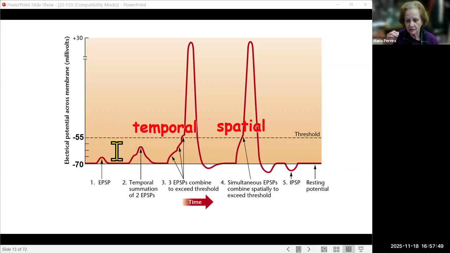And that's very important because, as I said, you don't want us responding to all kinds of changes that occur in our external and internal environment. We only generate a response to those changes that are strong enough to reach threshold.